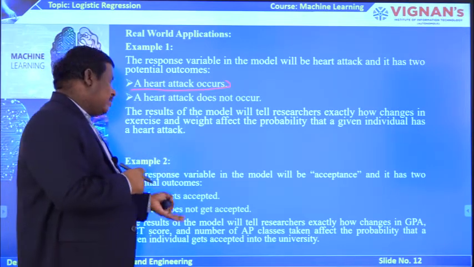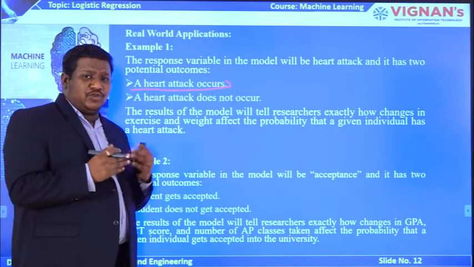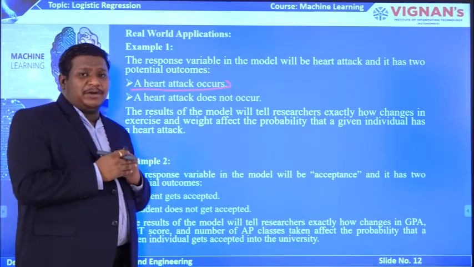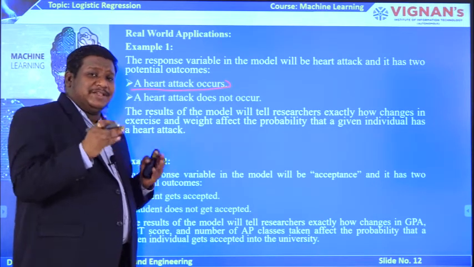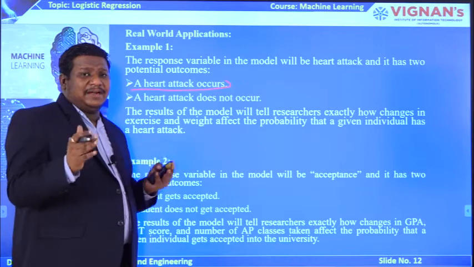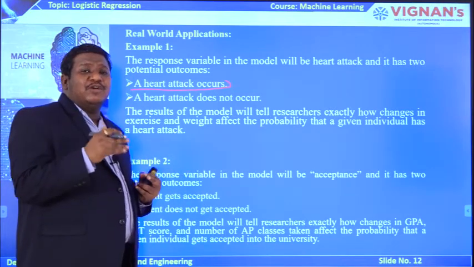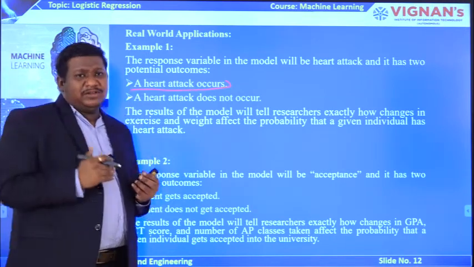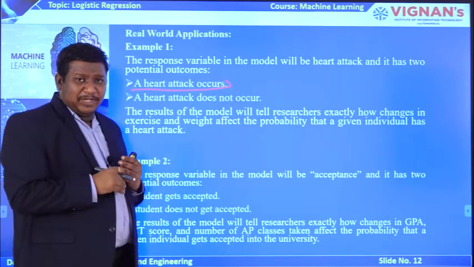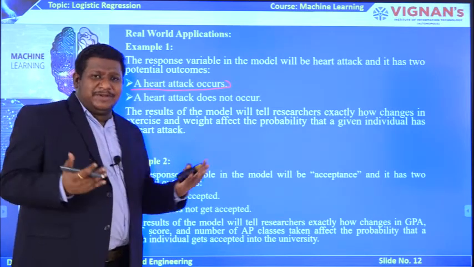The next one is whether a student gets accepted. By considering all the exams the student has attended so far, the credits he got after completing his course, his basic entrance marks and his characteristics, all those things will be analyzed. Based on that, whether the student is going to get admission in higher studies or not is predicted. That is the second example.